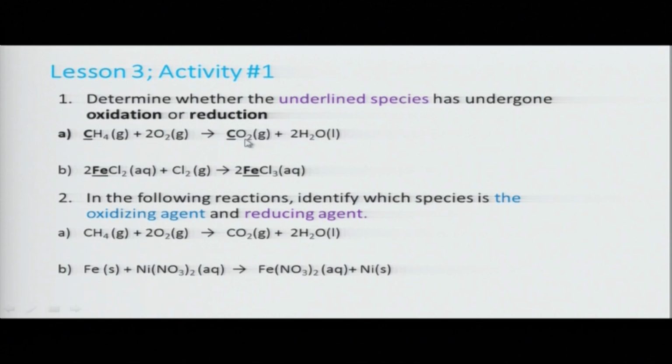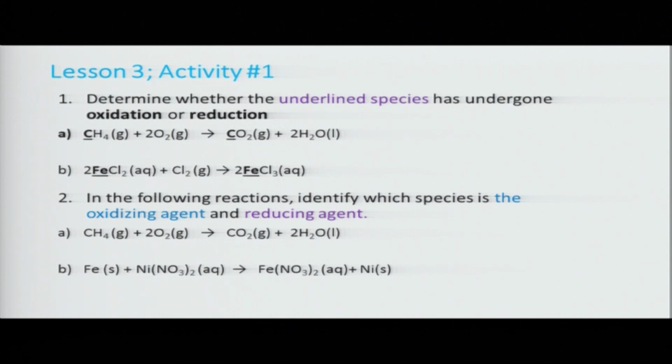So we are to determine whether it has undergone oxidation or reduction. B, it is iron. So for us to quantify that, we must carry out a determination of oxidation number to know the changes that are happening.